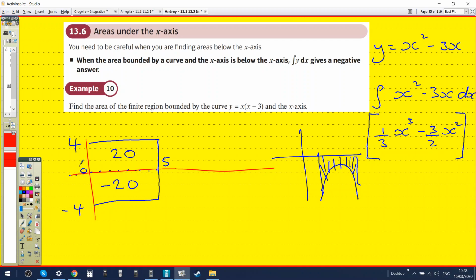And so the roots would be 0 and 3. And so can I just put that into my calculator then? Yep.